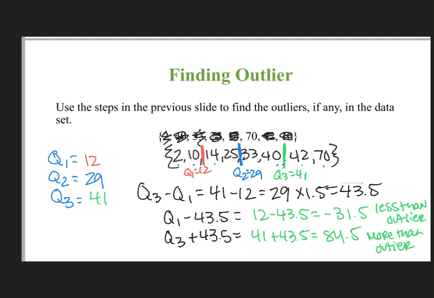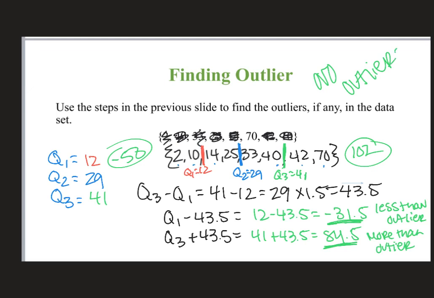So if I were to have like 102 or negative 50 in my data, I would say that these are two outliers. Anything less than this number is an outlier, anything more than this number is an outlier. So we would say no outliers here.